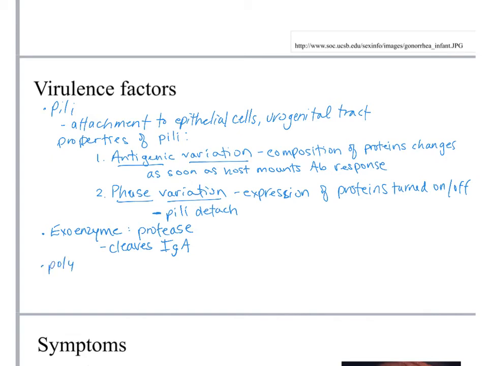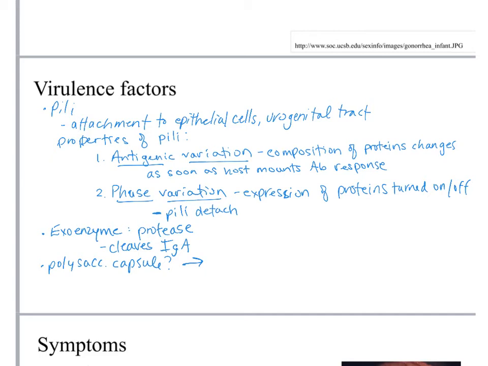What about a polysaccharide capsule? Well, does it have one or does it not have one? That's actually a little bit more complicated question. Your book says that it does, because we can induce these organisms to produce capsules in the lab, depending on what media we grow them on.